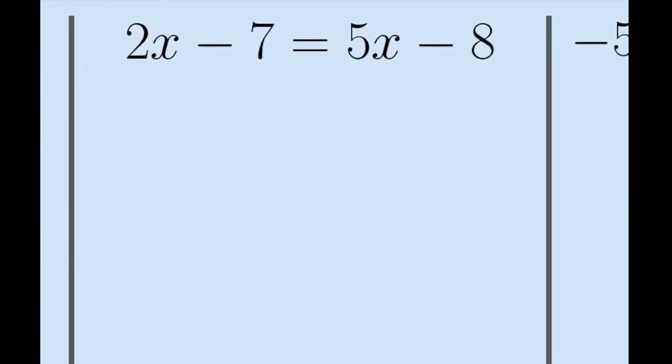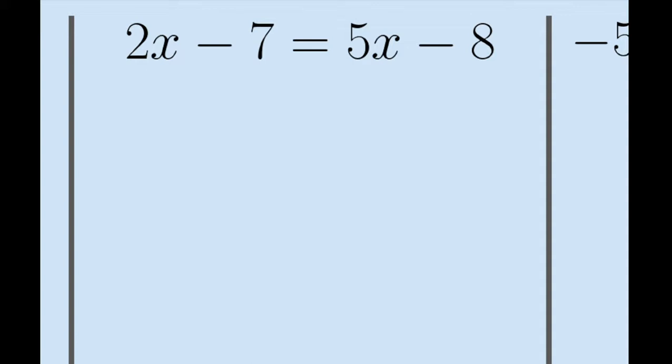The next example, 2x minus 7 equals 5x minus 8. Again, same idea. I want to get the x's or the variables all to one side. So to do that, I need to cancel them out on one side. Now again, it doesn't really matter how or which side they go to.